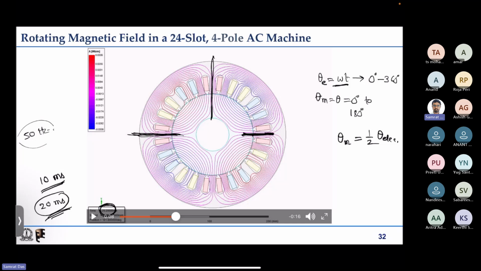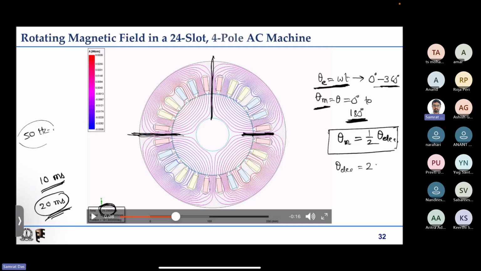So you can see that when omega t or theta e completes 360 degree, theta m only has moved by 180 degree.